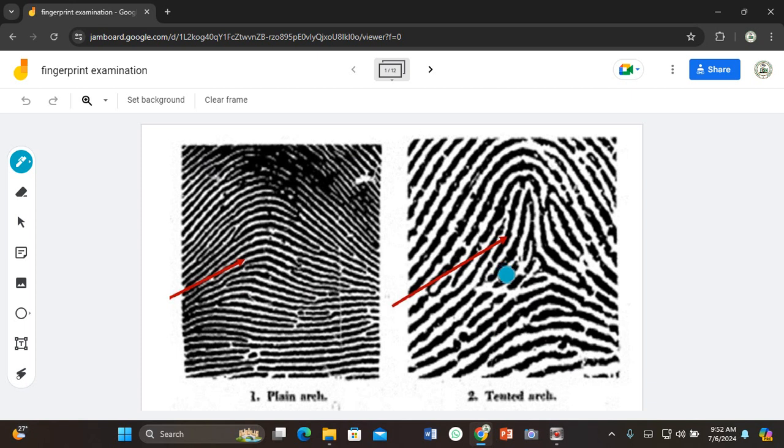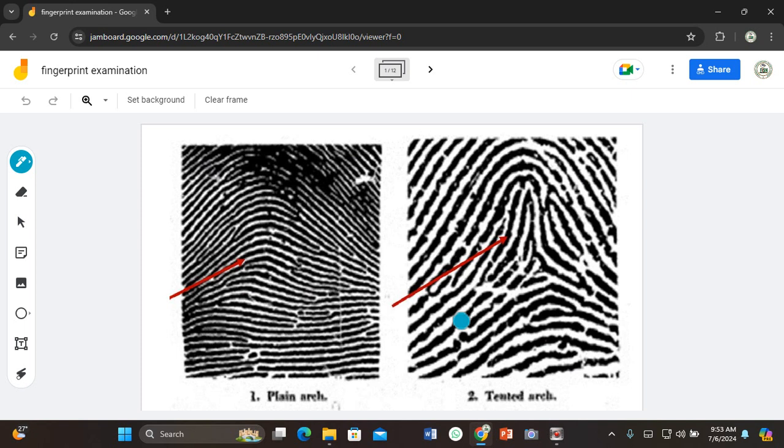Figure 2 is tented arch, whereas figure 1 is plain arch. So the difference is that in plain arch you have a little bend of the lines at the middle, whereas in tented arch you have an upthrust of the ridges at the middle. That is the difference between the two subdivisions of this family known as arch.